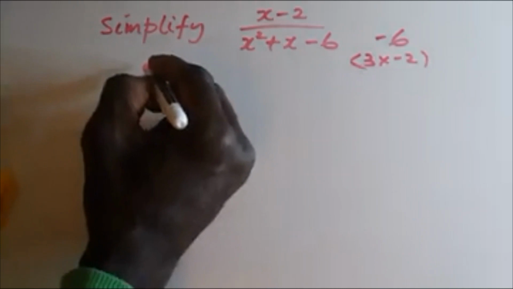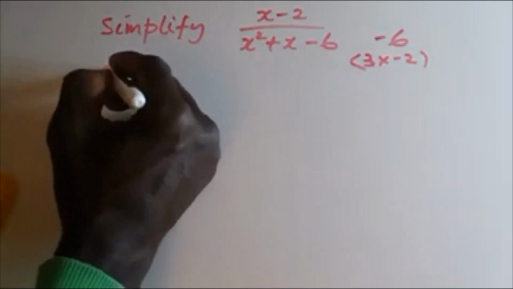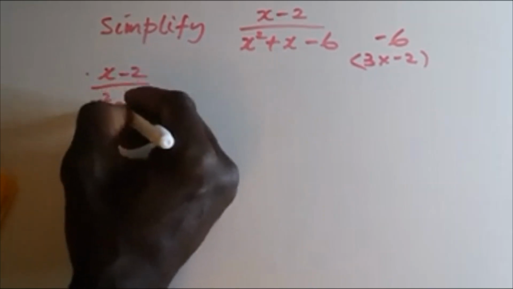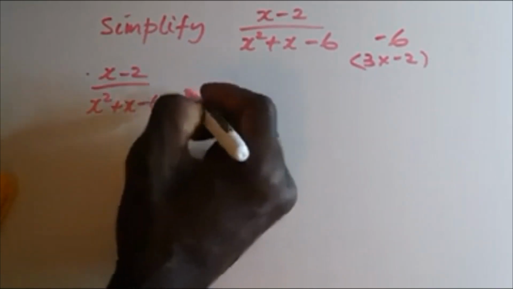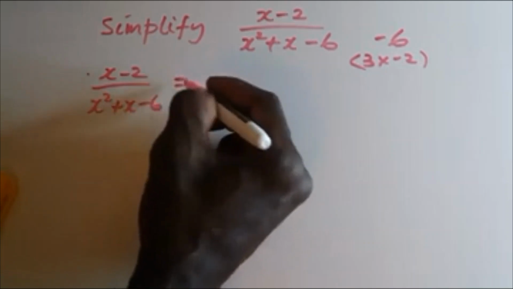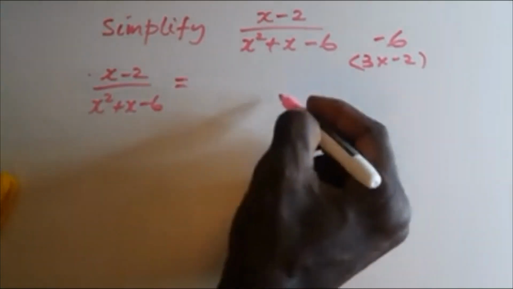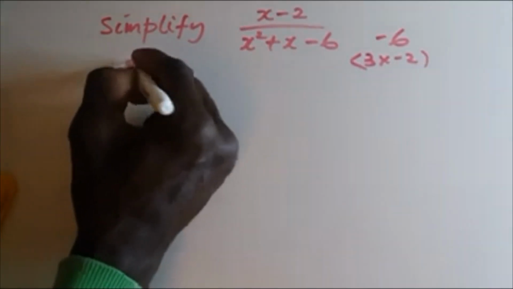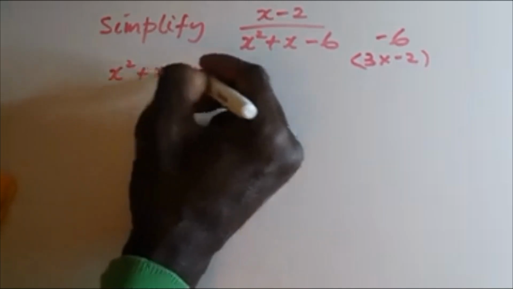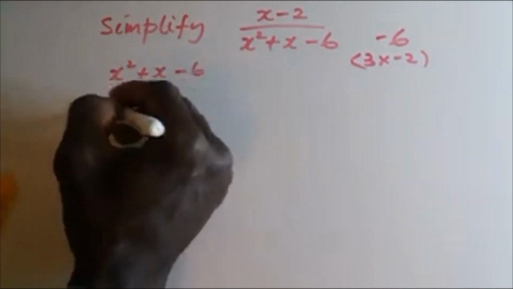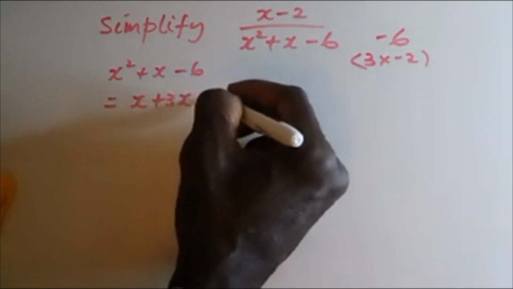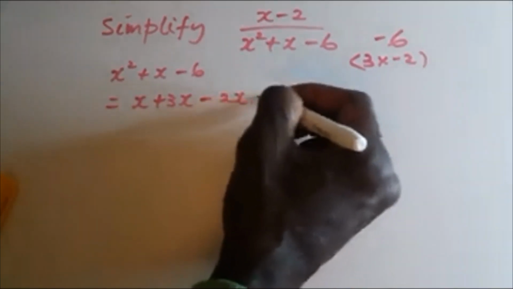So if we rewrite x minus 2 over x squared add x minus 6. Let's separately factorize the denominator first. X squared add x minus 6 is equal to x squared add 3x minus 2x minus 6.